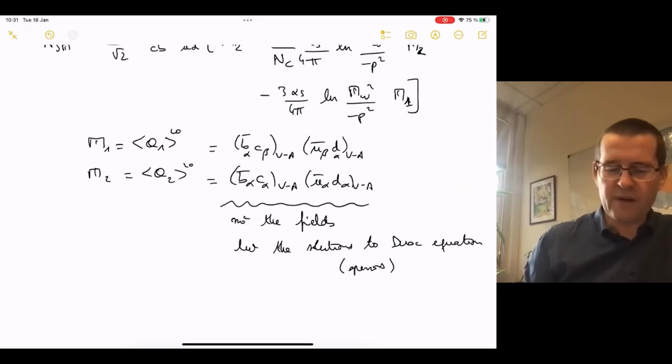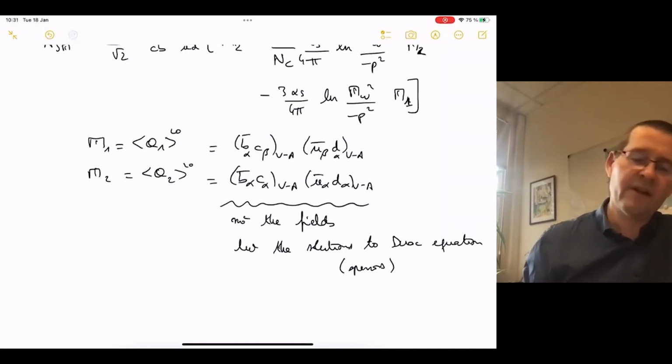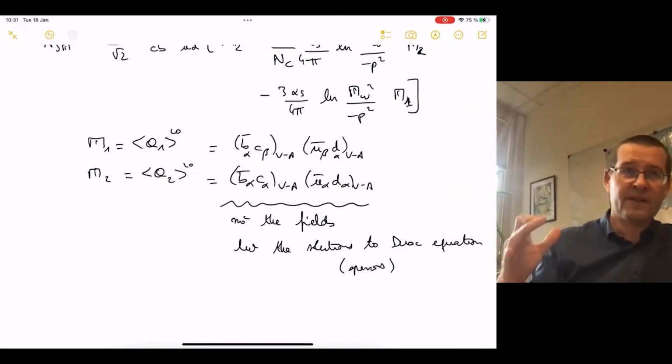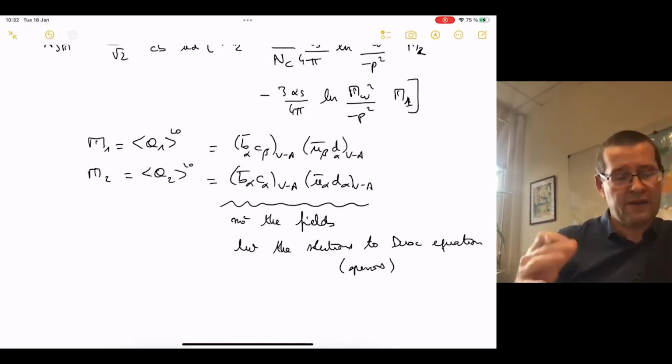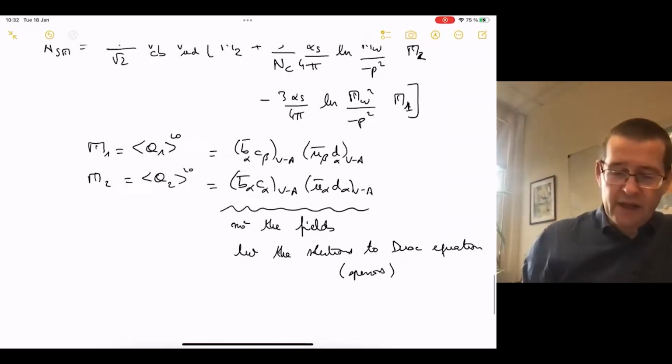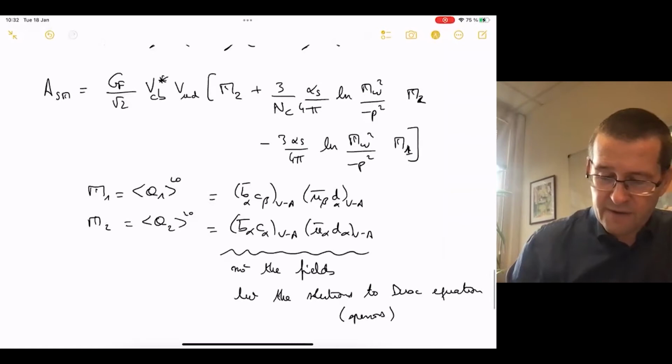And so this M1 and M2 are actually numerical evaluations of the operators, taking into account the fact that you're sandwiching these operators between external states made of free quarks. So the structure is this one.